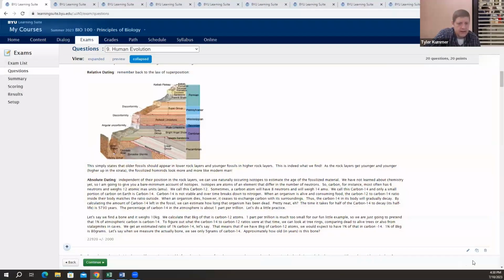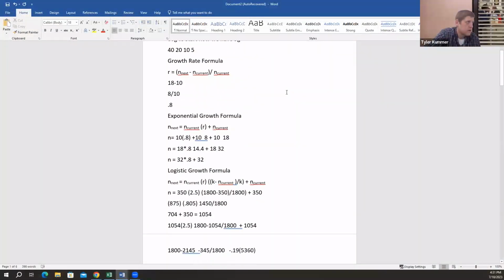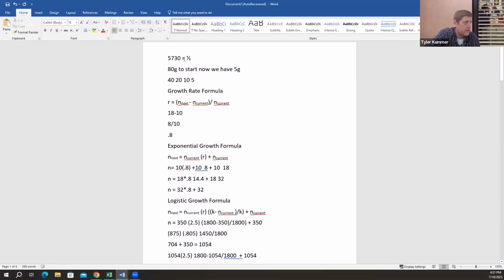And so when we do that, let me just pop this up here, okay. So 5,730 is our half-life. We had 80 grams to start in the question, and now we have 5. Well, to go from 80 to 40, that should have taken half. That's one of those time periods.